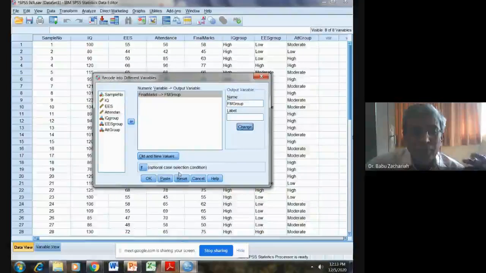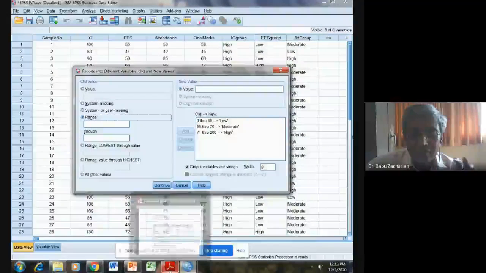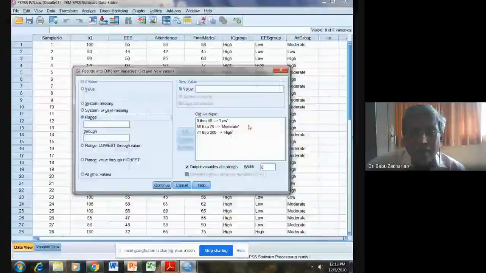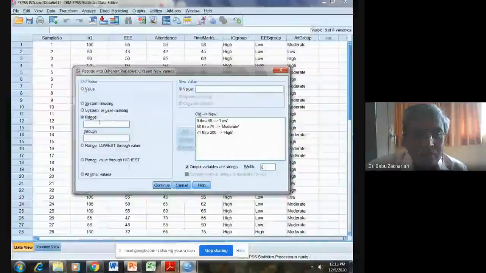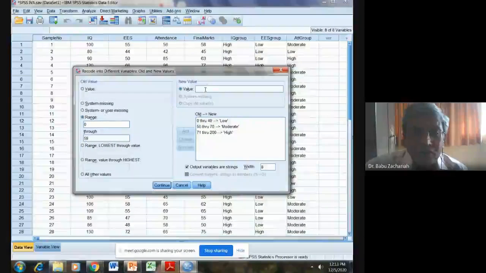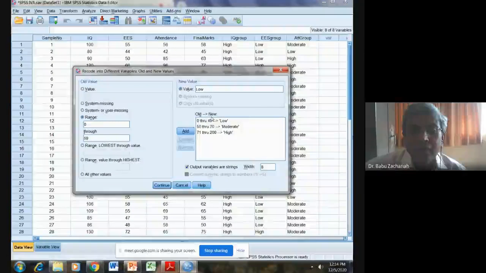Now, I think the values were 60 and 70, right? Yeah, 60 and 70. So 0 to 59, and that is low. Oh, these are to be removed, one minute.